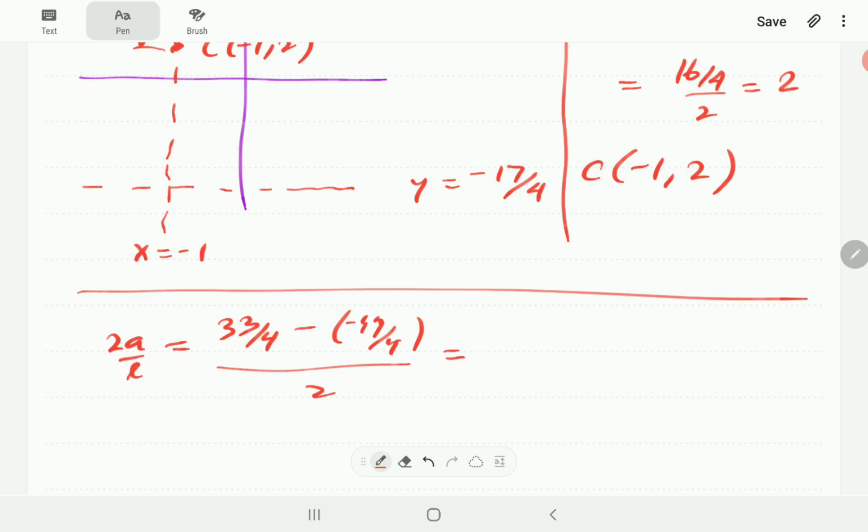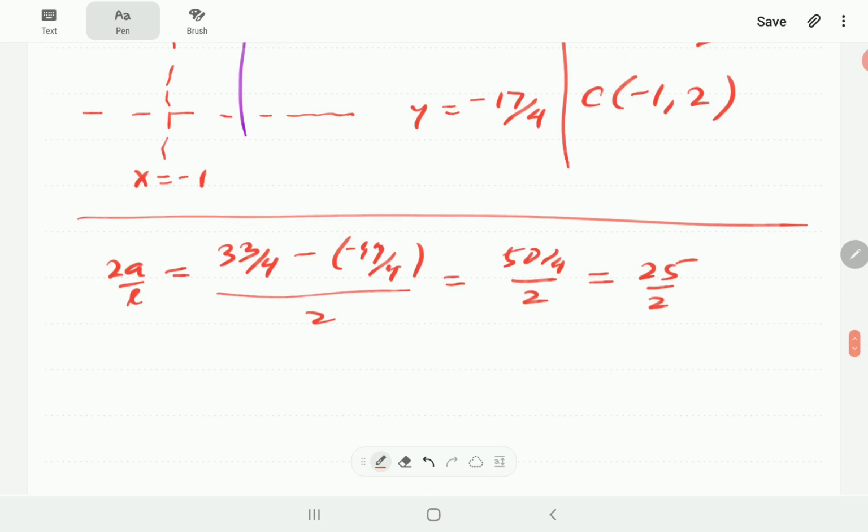Well, 33 plus 17 this time is going to be 50. So this is going to be 50 over 4, which is 25 over 2.